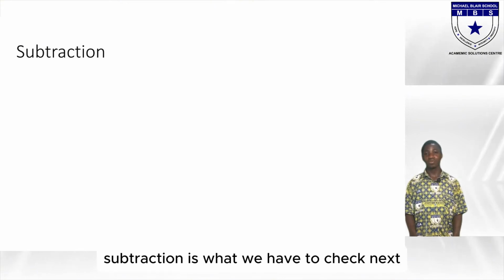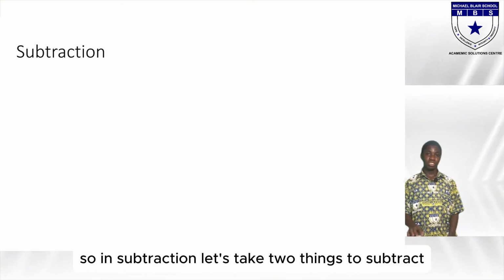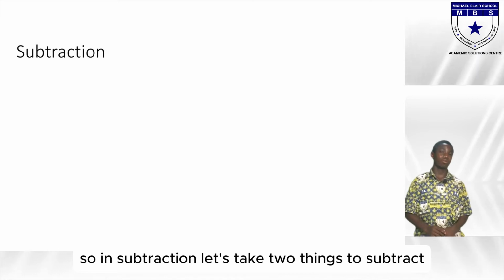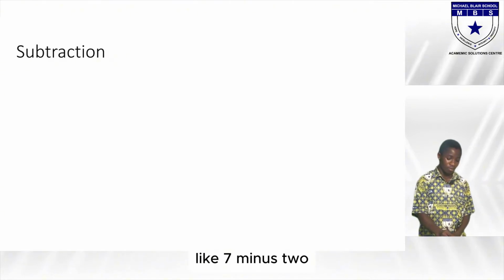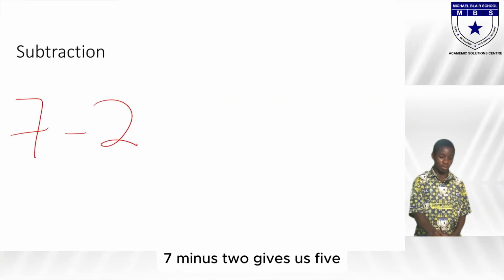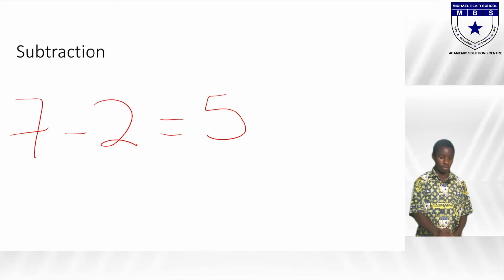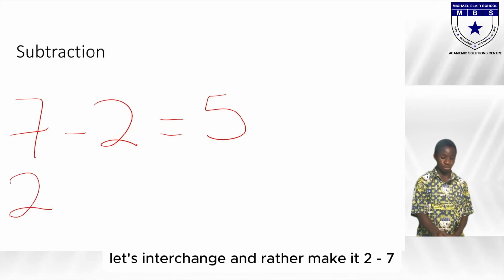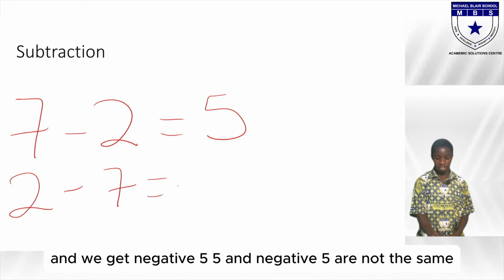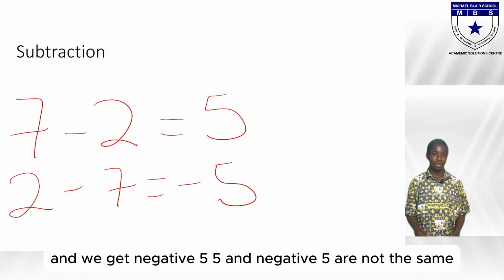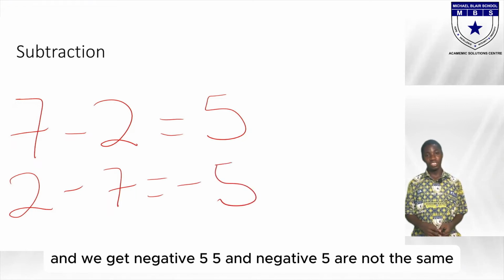Subtraction is what we have to check next. In subtraction, let's take two things to subtract, like 7 minus 2. 7 minus 2 gives us 5. Let's interchange and rather make it 2 minus 7. And we get negative 5. 5 and negative 5 are not the same.